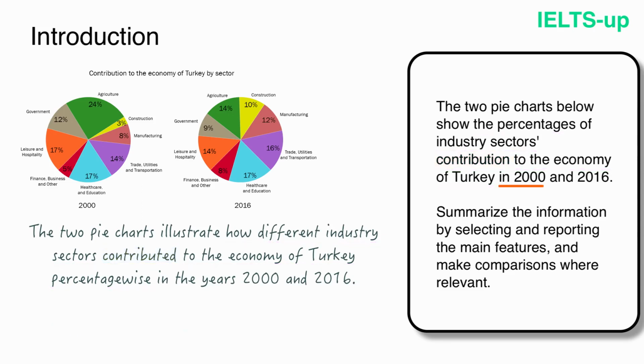Finally, we have the time period in 2000 and 2016. And I have paraphrased it in such way: in the years 2000 and 2016. So I just made this phrase a little bit bigger by adding the years. And you can also paraphrase the time period expression in such way.